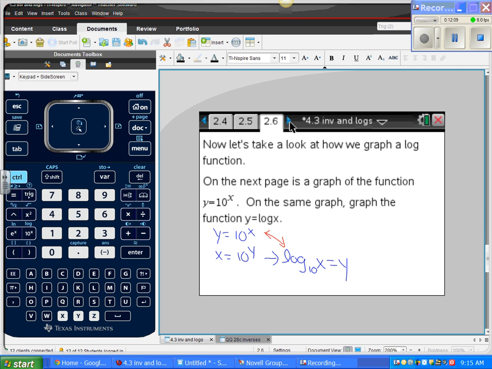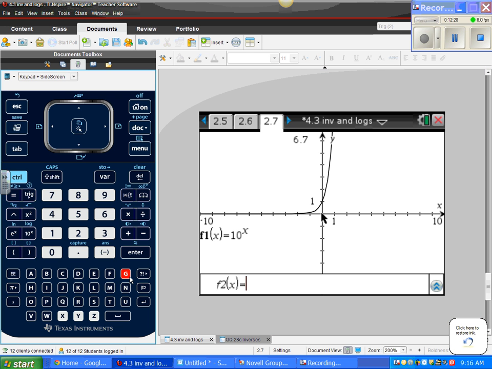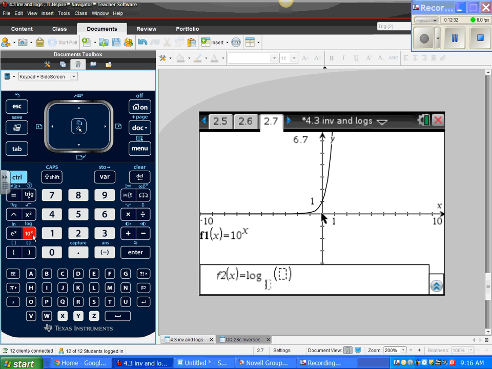Okay, so on the next page, 10 to the x is already graphed. We're going to go ahead and graph log base 10 of x. Okay, so on the next page, I already have the 10 to the x graph. What were we going to graph? Log base 10 of x, so control 10 to the x.